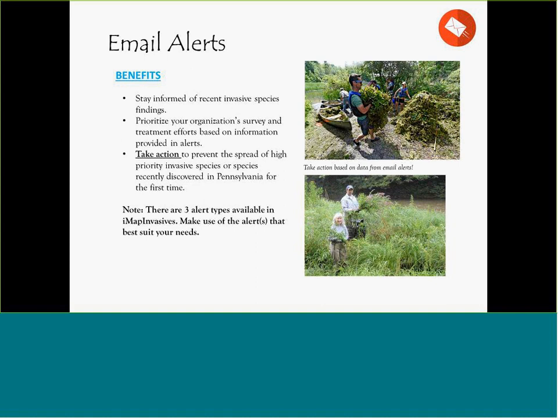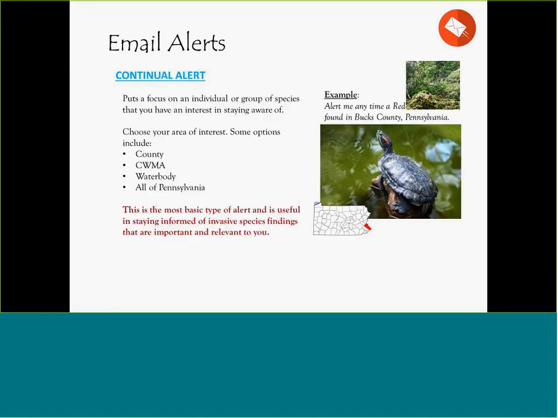So, putting that information that you're receiving into action. Three alert types are available, and I'm going to talk about each of them. Don't feel like you have to set up an alert for each type unless it's appropriate for you. Use the ones that will suit your particular needs.